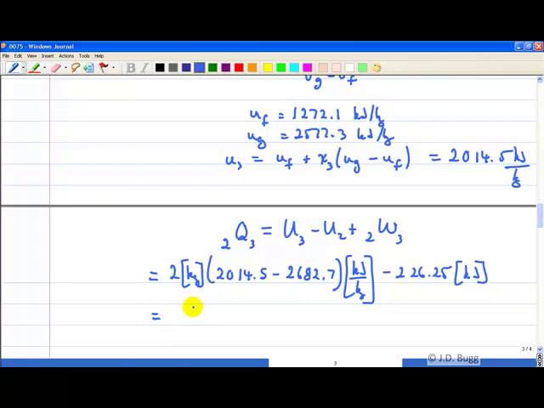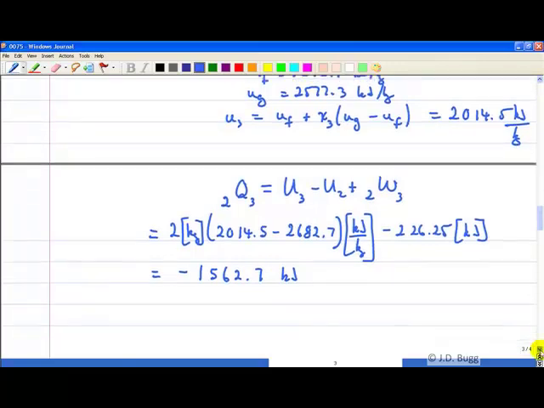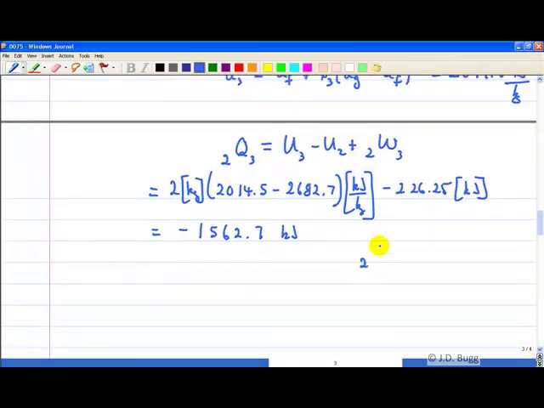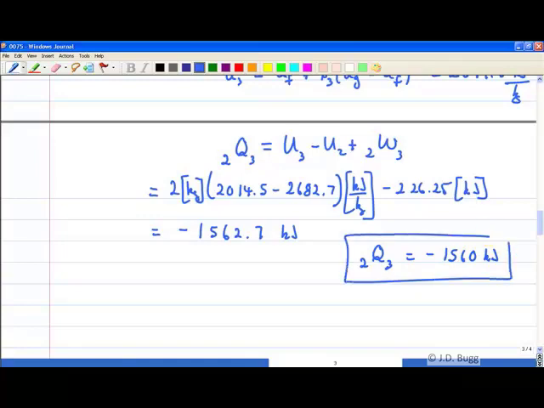And that works out to negative 1562.7 kilojoules. So we express that as a final answer to 3 significant figures, 1560 kilojoules. So that's looking at process 2 to 3.